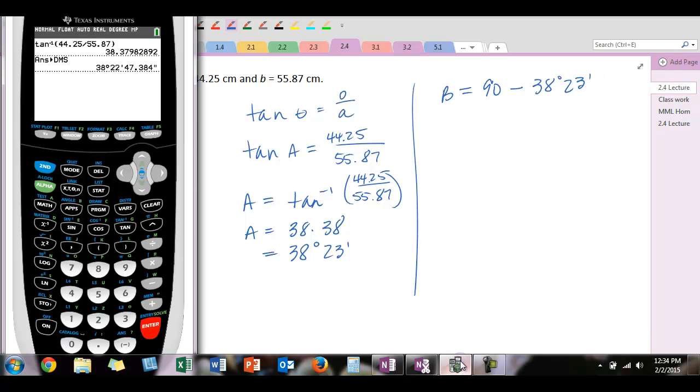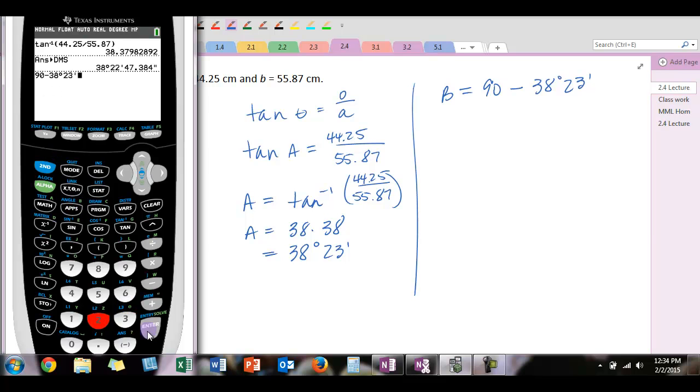So we'll just put that in the calculator. 90 minus that thing above. Maybe we don't want to do that. Let's say 90, because it didn't round it for us automatically, minus 38 degrees, 23 minutes.